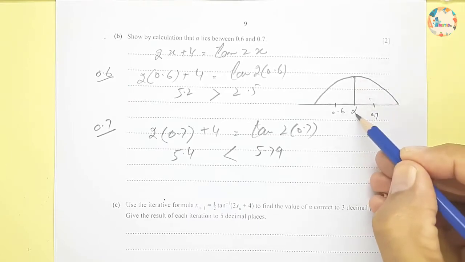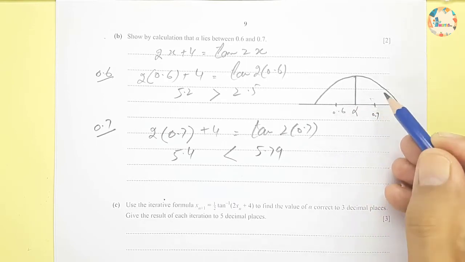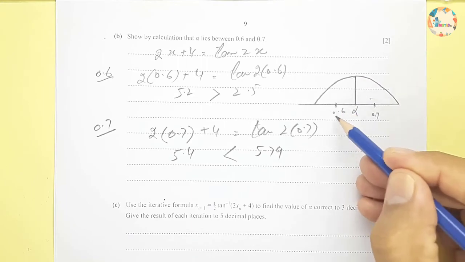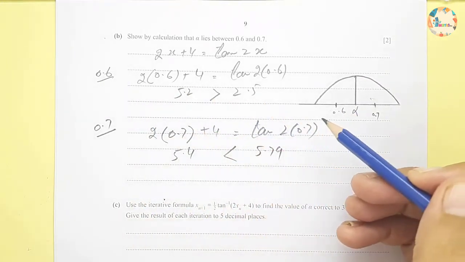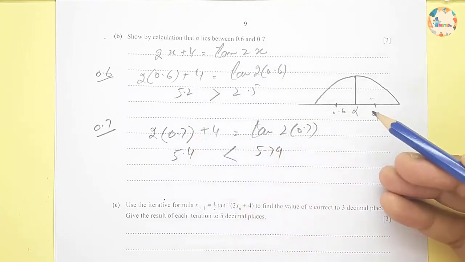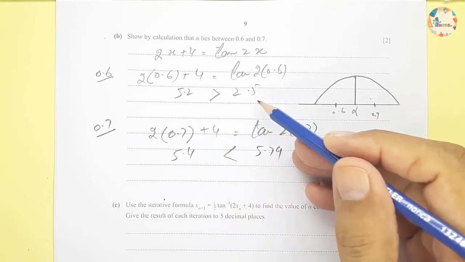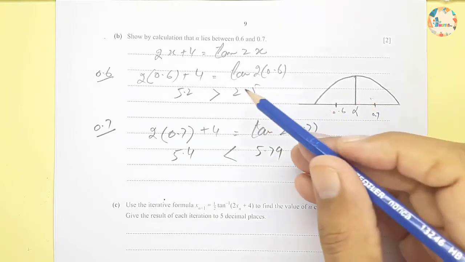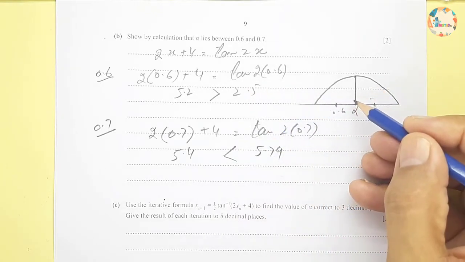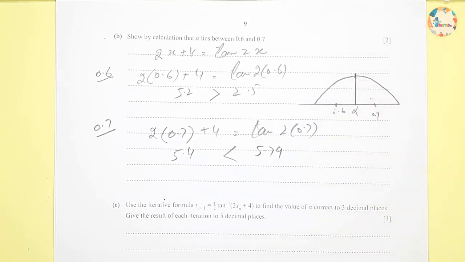So this alpha lies in between these two values. For 0.6 we are getting 5.2 on one side and 2.5 on the other, and for 0.7 we are getting 5.4 and 5.79. So this alpha value lies in between 0.6 and 0.7.